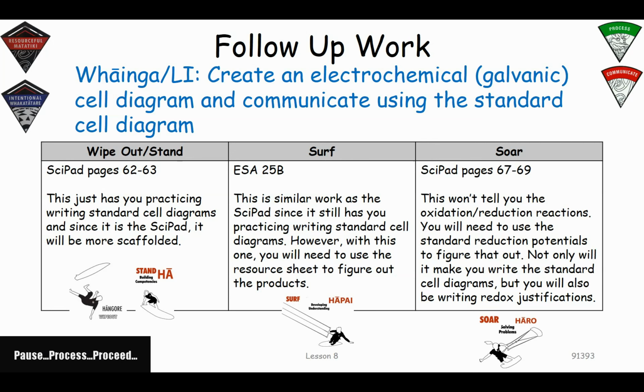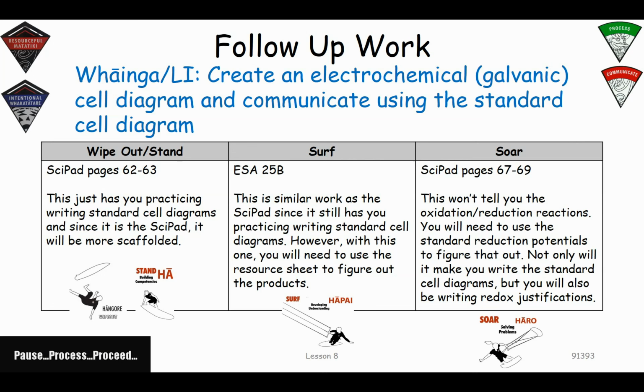This one, on top of that, will ask you to justify the redox reaction, which again is really good because if you want to get that merit or excellence, we are expecting that justification and those equations. So that's why I've differentiated it in that way.